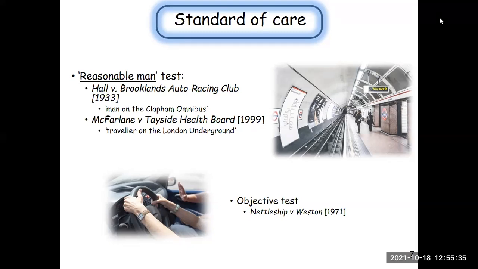An objective test means it's something outside against which we are all judged. Subjective tests would be specific to the person that we are judging. So then you take into account the specific skills of the person, the specific shortcomings, what they were thinking, etc. Another way of thinking about it is when you think about fault, and remember fault refers to intention, for example.